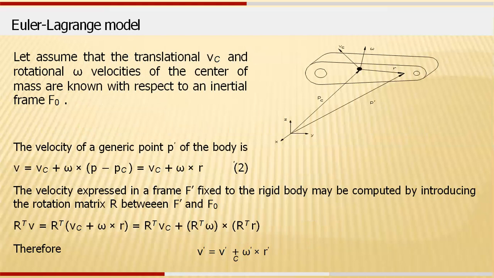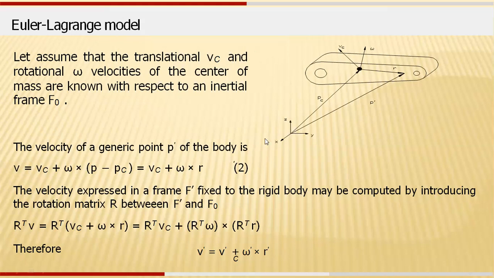Considering one of the models, the Euler Lagrangian model, considering the translational velocity Vc and rotational velocity omega of the center of mass with respect to an initial frame F naught, so considering one reference frame.